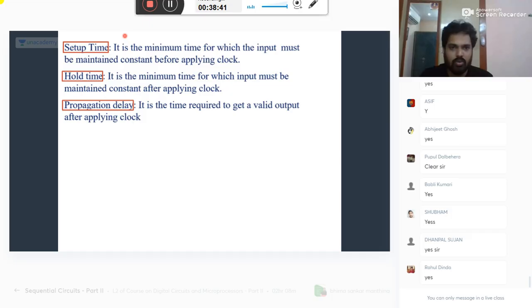The next one we are going to talk about is switching times of flip-flop. Just read them, I will explain. Meanwhile, I will draw some figures.